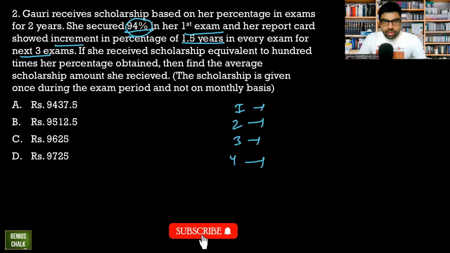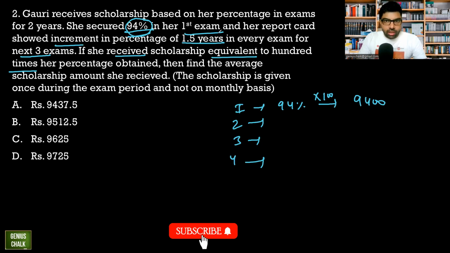In the first exam, she is scoring 94%. Now, if she received scholarship equivalent to 100 times her percentage obtained, that means 94% into 100, that means 9400 is the scholarship she is getting, right?